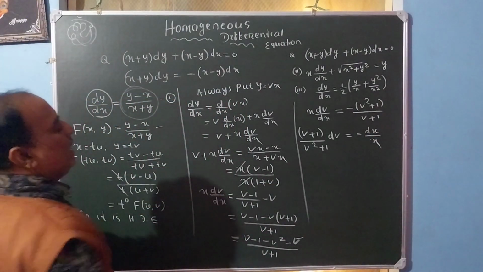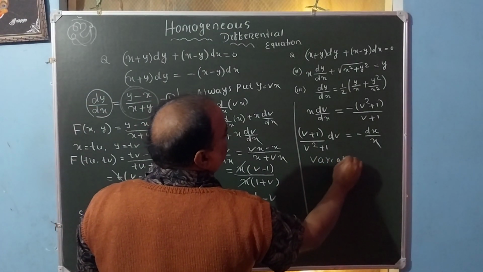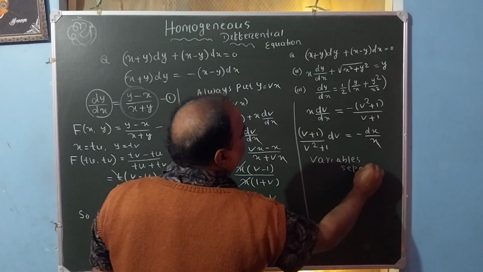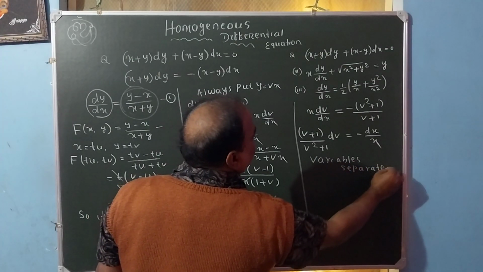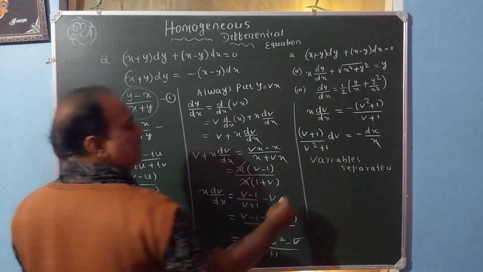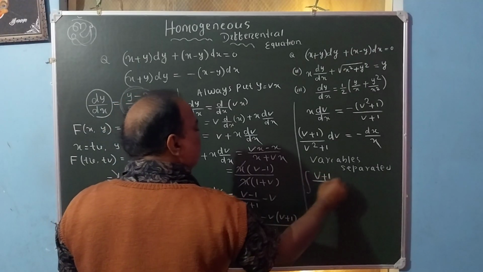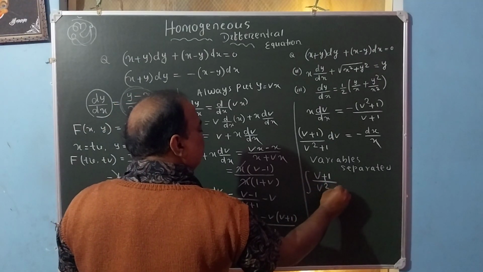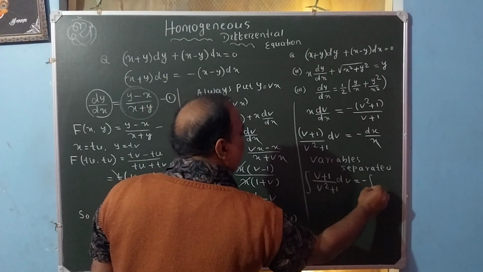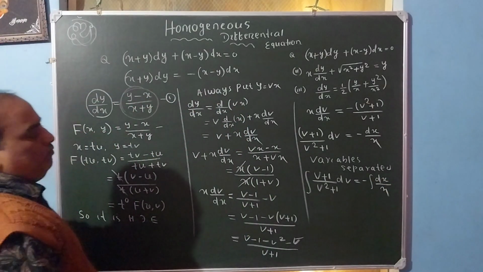Variables separated. Write down, variables separated. Integrating on both sides. Write down, integrating on both sides. Integral of (v + 1)/(v square + 1) dv = integral of -dx/x.